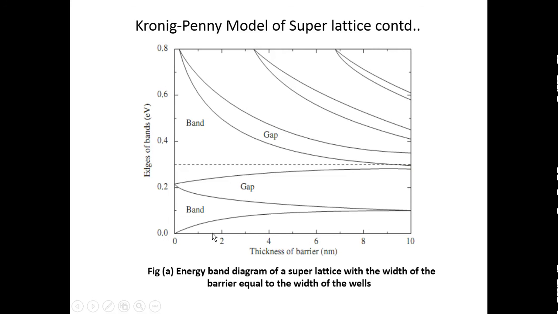So this diagram represents the energy band diagram of a superlattice with the width of the barrier equal to the width of the well.